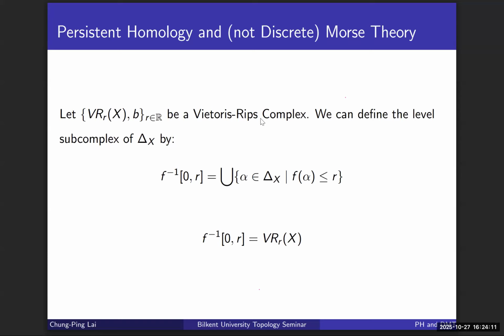This is as far as I'm going to tell, but this is also an active research area. I figure it's good to mention it because you have two marriages between Morse theory and persistent homology, but they are actually quite different.